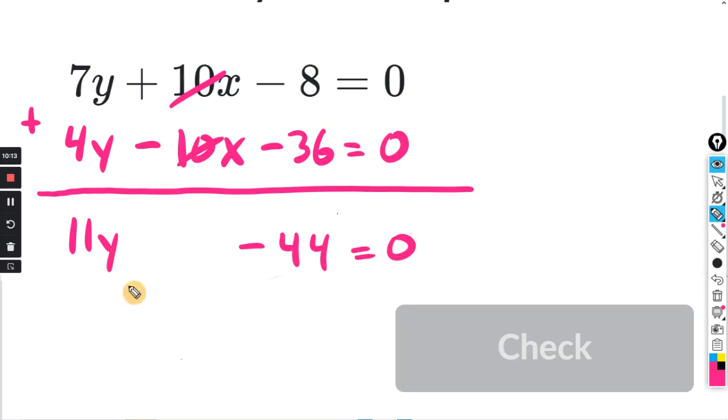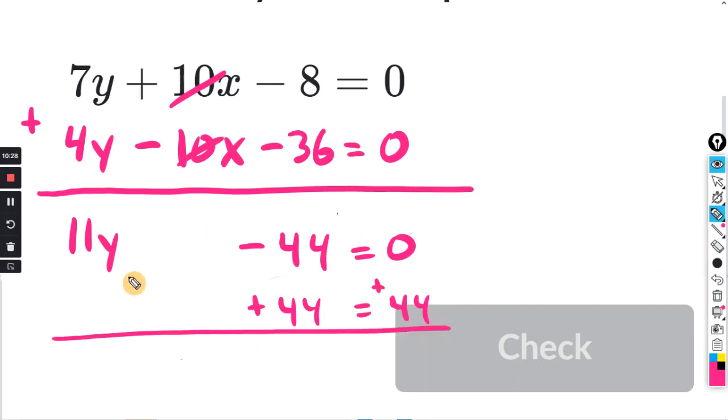All right, letters on one side, numbers on the other. So I'm going to add 44. The opposite of negative 44 is positive 44. All right, I'm going to do that to both sides. Bring down your 11y. 44 and negative 44 cancel.